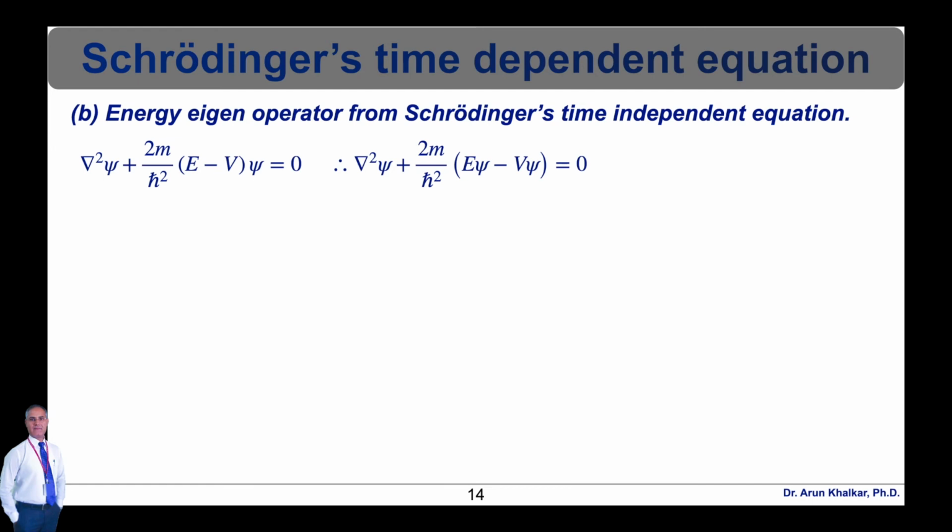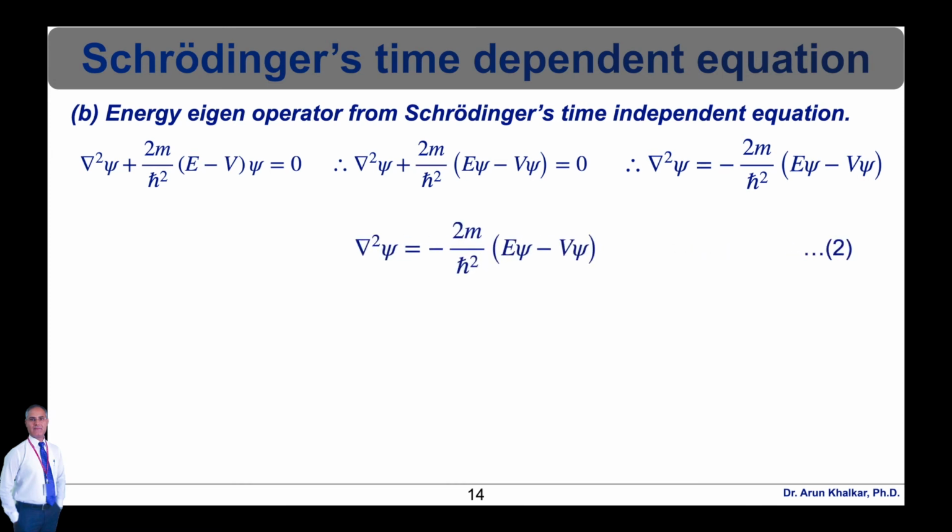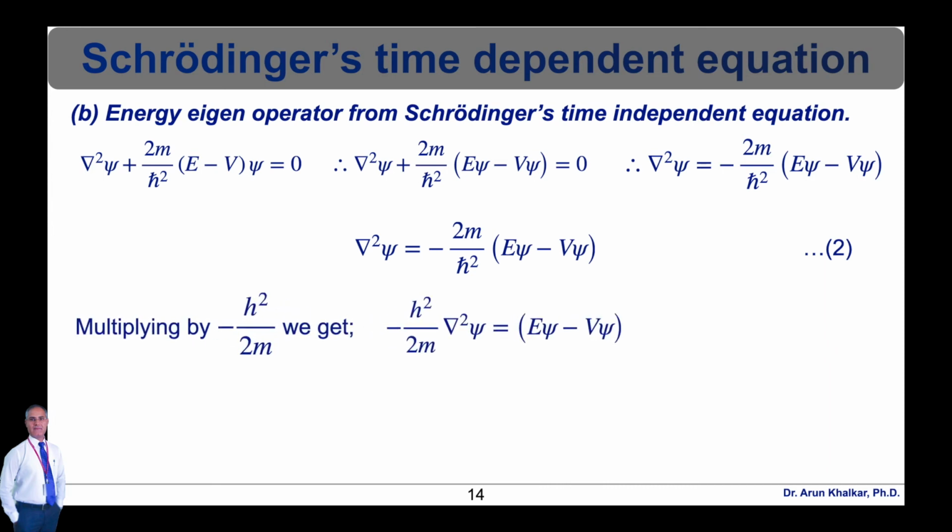Therefore, del square psi is equal to minus 2m upon h bar square into capital E psi minus capital V psi. Rearranging, we have del square psi is equal to minus 2m upon h bar square into E psi minus V psi. Let's say this is equation number 2.